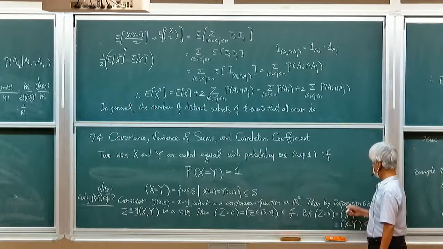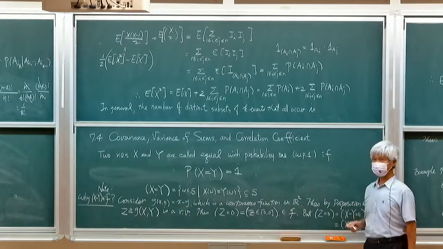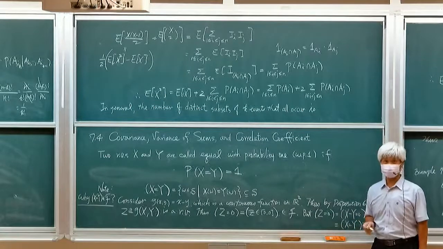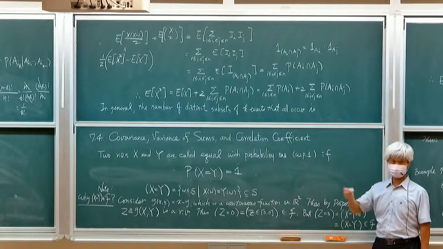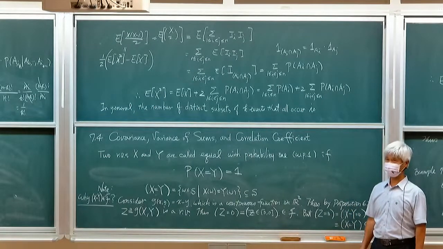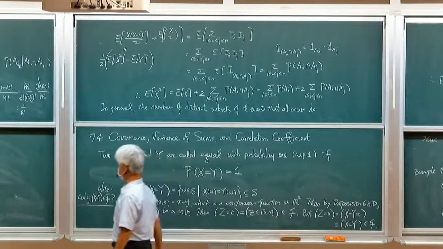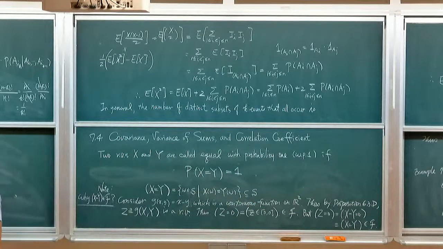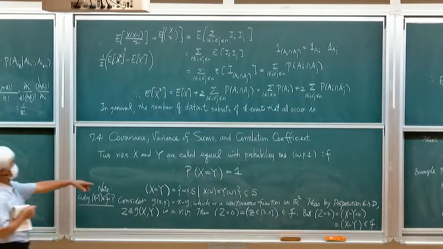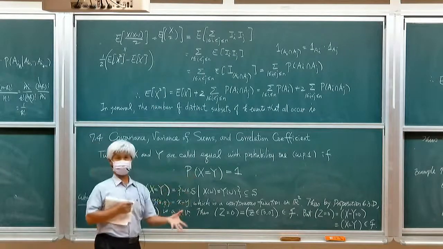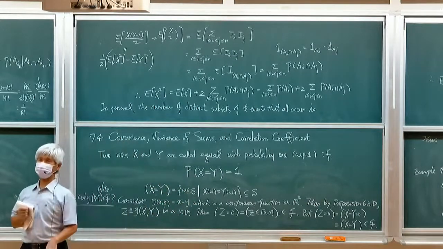Okay, so proposition 6.3.d is very useful. You see that I use that from time to time. So if you have a question about some data processing of random variables, so x minus y is also a data processing of x and y.